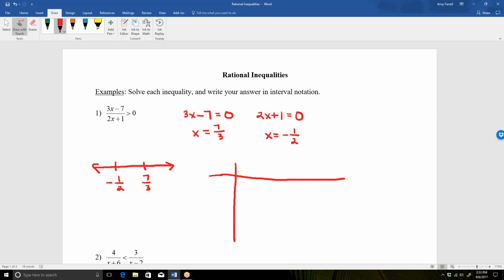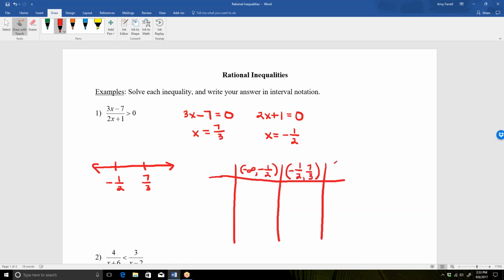So up here at the top, I'm going to write the three intervals that I see on my number line. My first interval is negative infinity to negative 1/2. My second interval is negative 1/2 to 7/3.